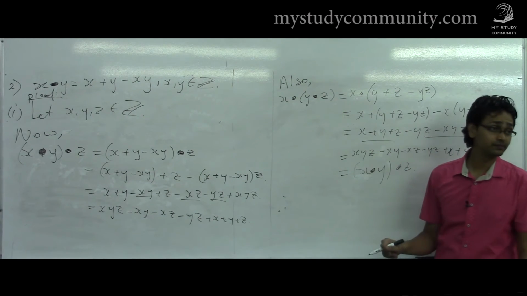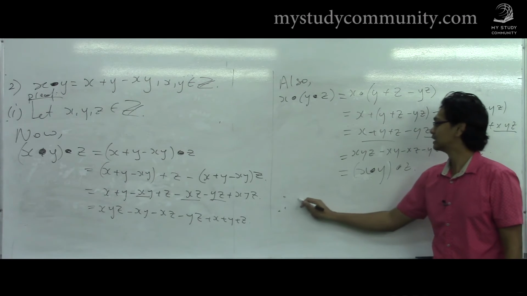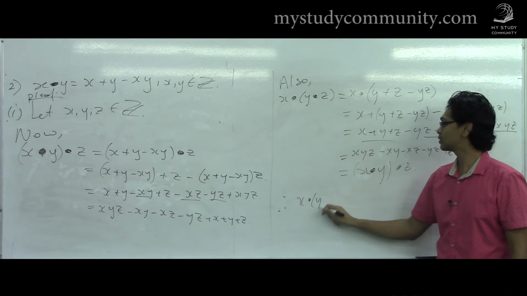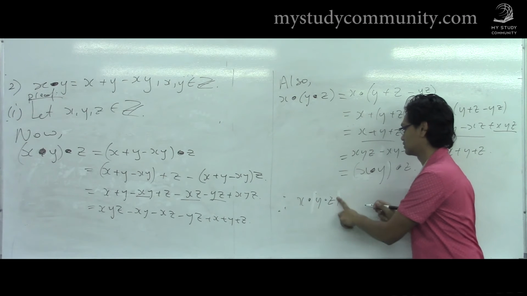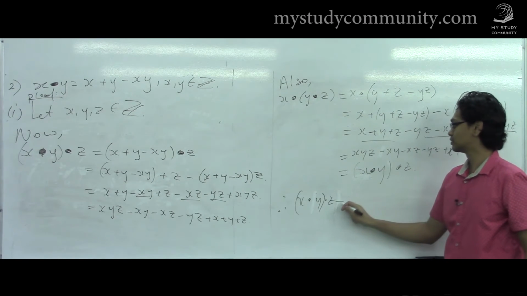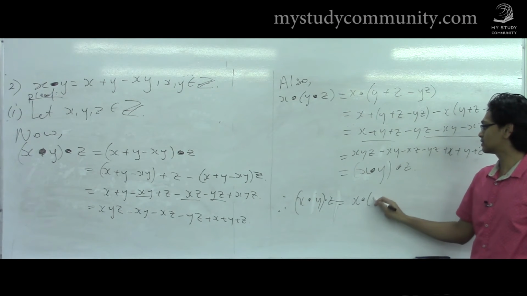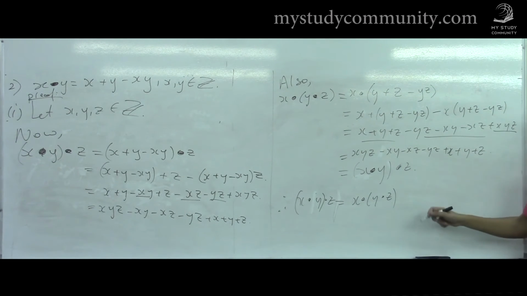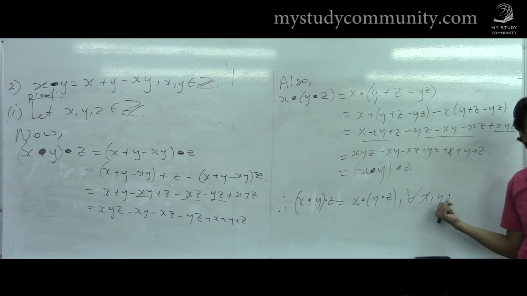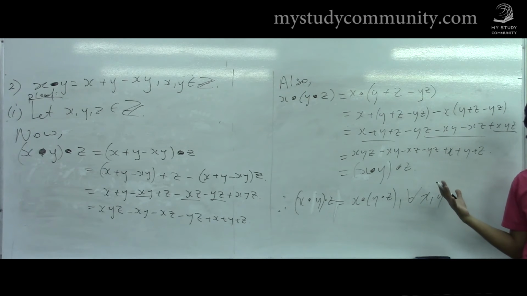Therefore, you conclude x circle y circle z equals x circle y circle z. And what's going on here? Oh, I love it. You see the reason is students don't put it down, they lose a mark each time they do it.